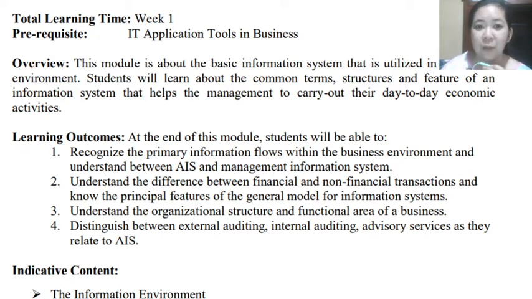And also to understand the organizational structure as well as the functional area of a business, and to distinguish between external auditing, internal auditing, and advisory services as they relate to our accounting information system.